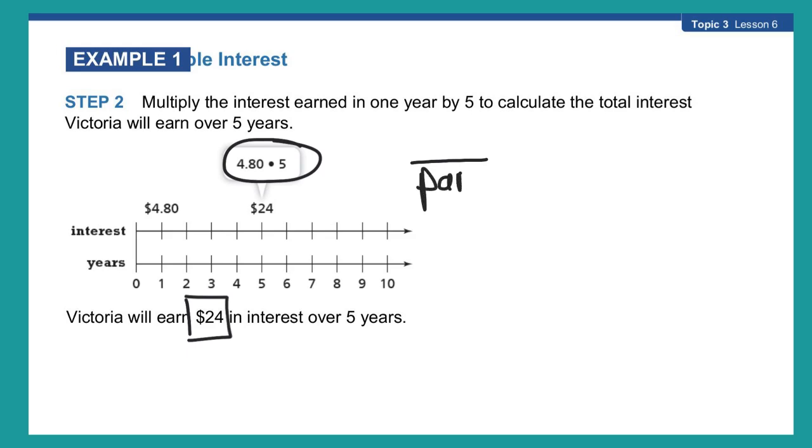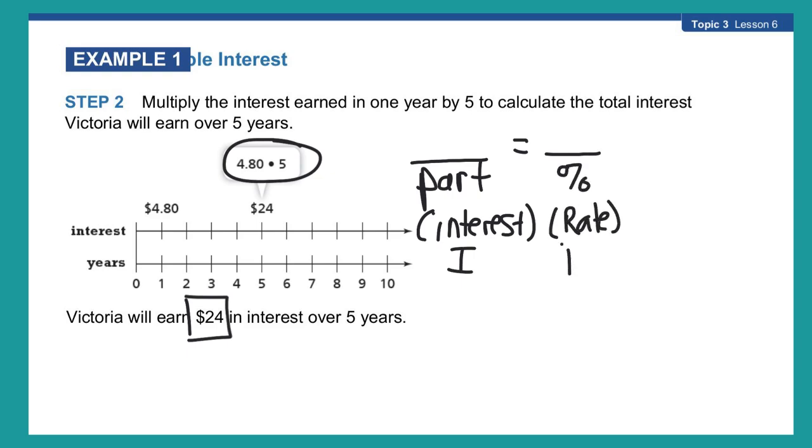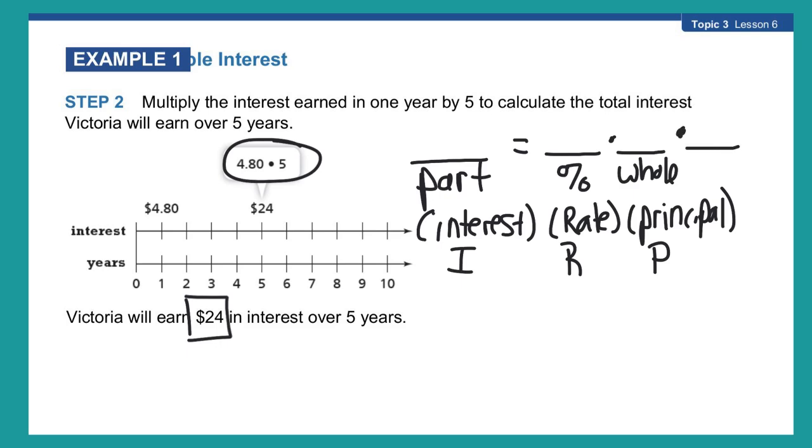Instead of the part, we're going to call that the interest, I. The percent, we're going to call the rate, R. The whole, we're going to call the principal, P. And if you remember, we multiplied those together, but then we had to then take it times 5 years.